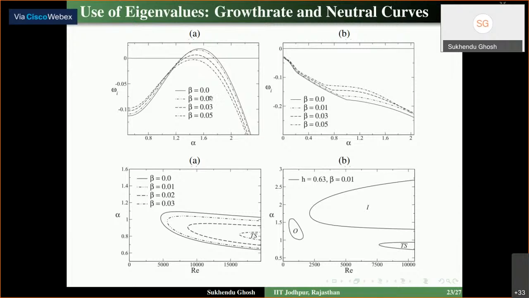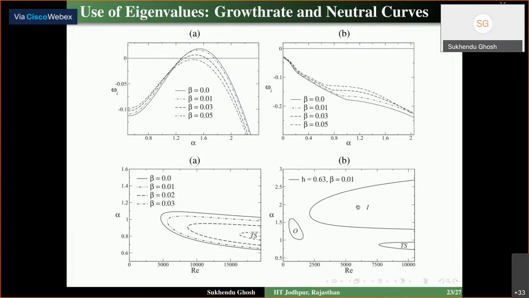These are more advanced things. Using eigenvalues, you can find some growth rate or some boundaries. Inside the boundaries or region, you can guess the stability or instability of the system. Similarly, using eigenvectors you can get physical insight. Using eigenvectors inside a system, you can construct the energy of the system.